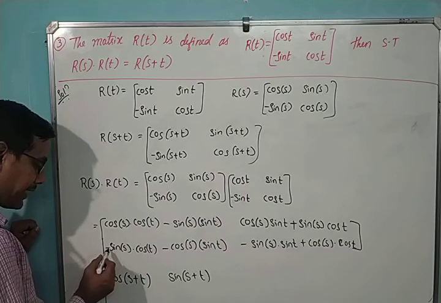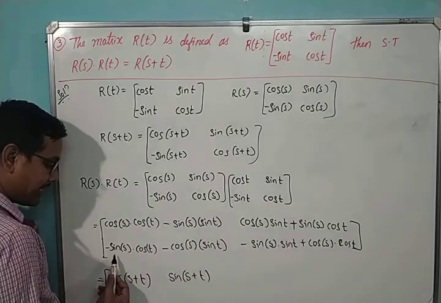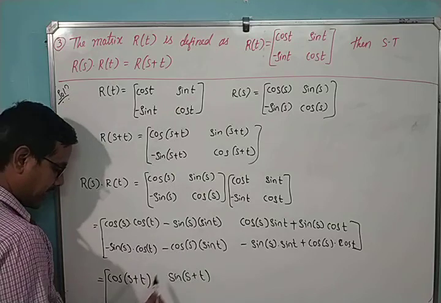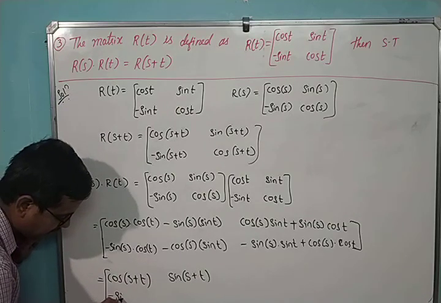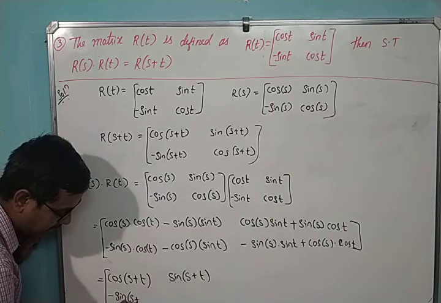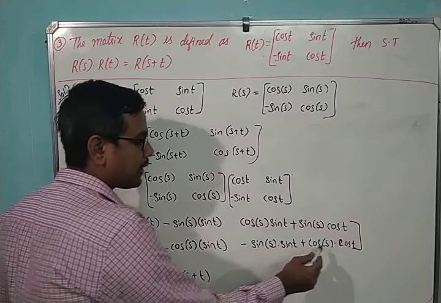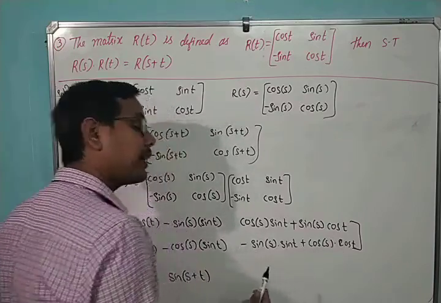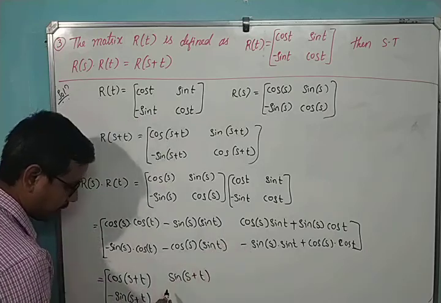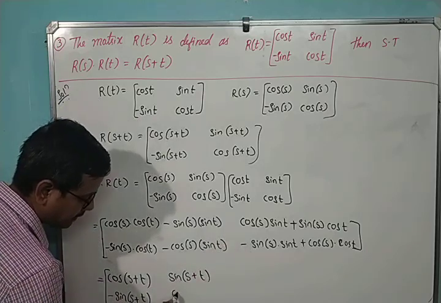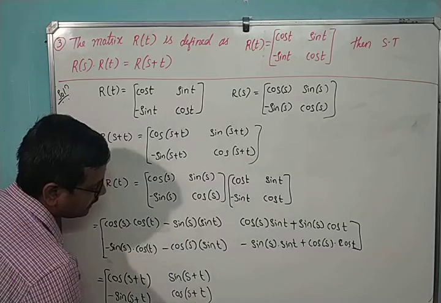Now once again, if I take minus out, this will be in the bracket, right? Sin a cos b minus cos a sin b, that is sin of a plus b. Minus will be out, sin of s plus t. And here cos a cos b minus sin a sin b is cos of a plus b, that is cos of s plus t.